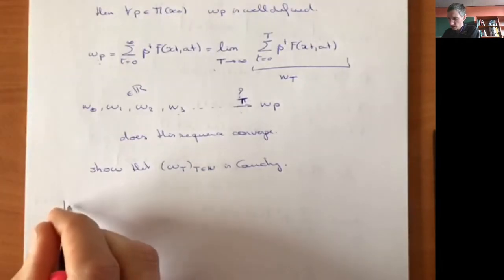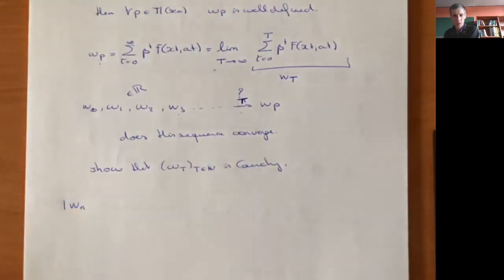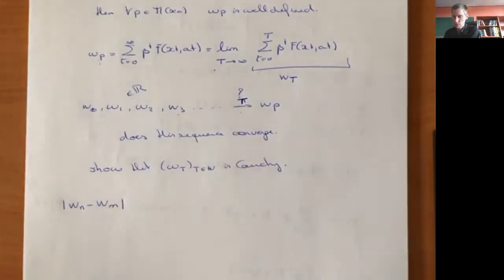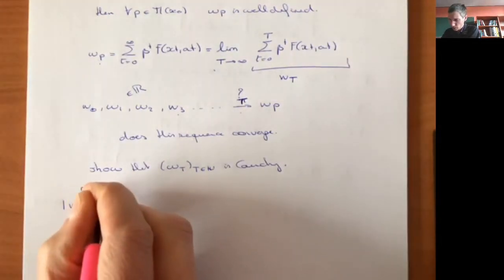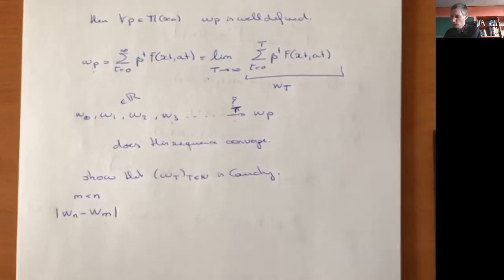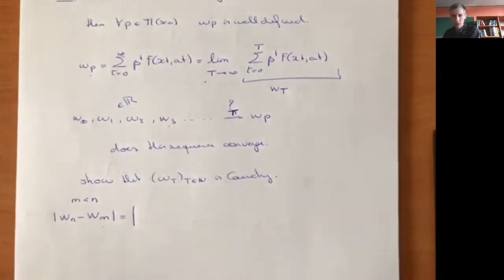So let's take the sum up to n terms and the difference with the sum up to m terms. So let m be smaller than n without loss of generality. We have to show that this difference here goes to 0 if n and m go to infinity. Okay, so let's write out what this is.